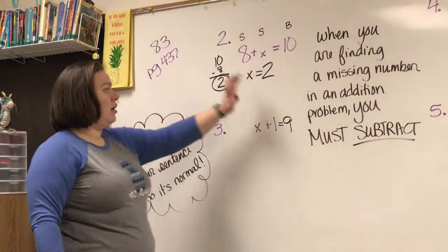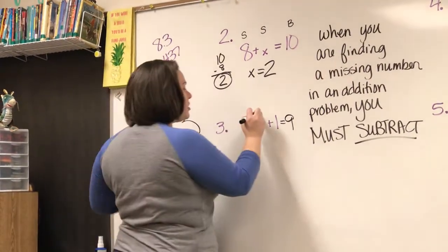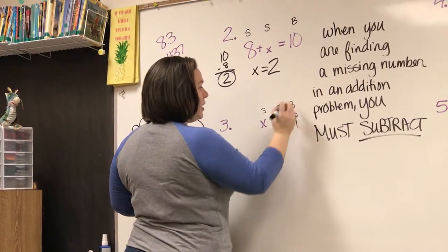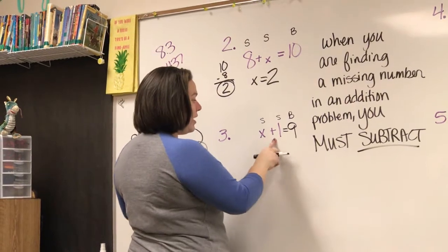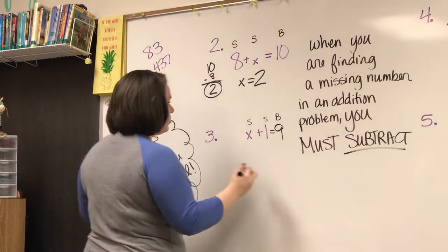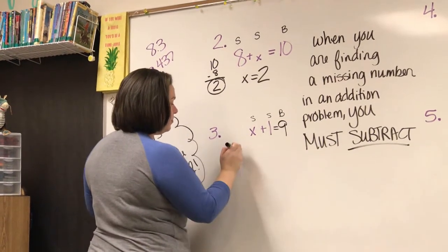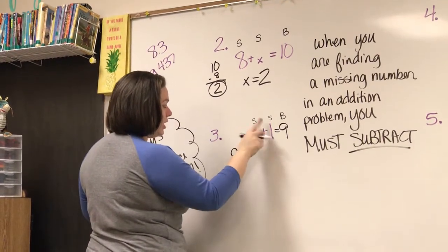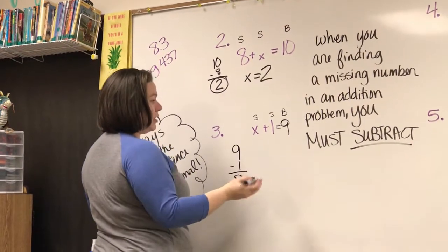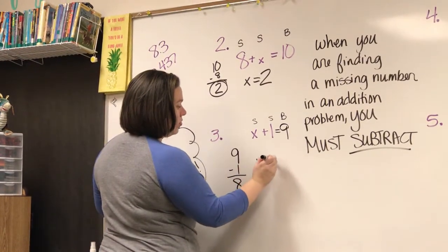Okay? An addition problem. You have a small number plus a small number, which is going to give you a big number. If you are adding and you're trying to find one of these small numbers, you have to subtract. Take your big number, subtract what's given to you, and you will get the missing number. X is equal to 8.